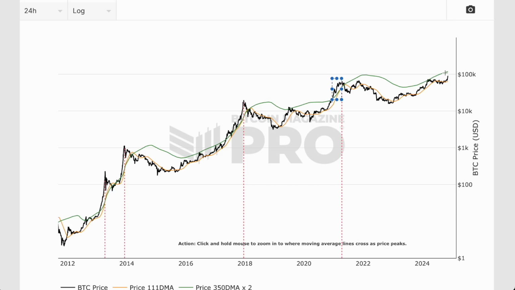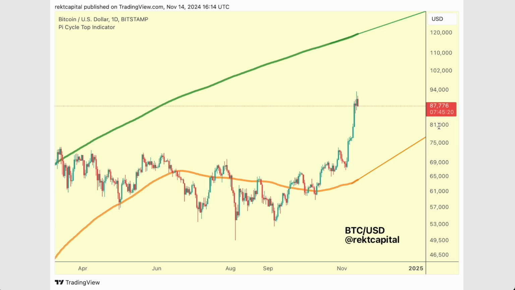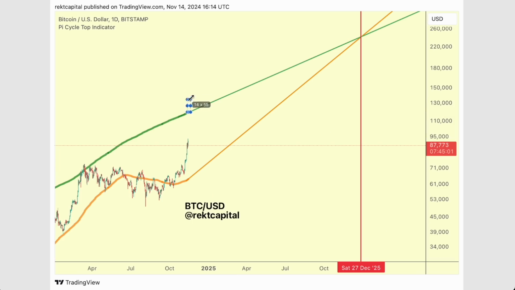So we're not going to spend too much time beyond that green moving average. And so once we finally break beyond that green moving average, then the clock is going to be ticking in terms of how much time it is going to spend beyond it. And it's going to be a function of how close this green moving average and this orange moving average are in that moment in time.